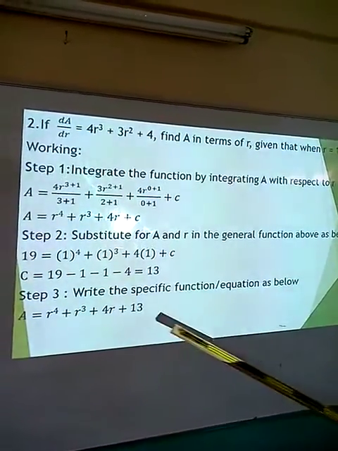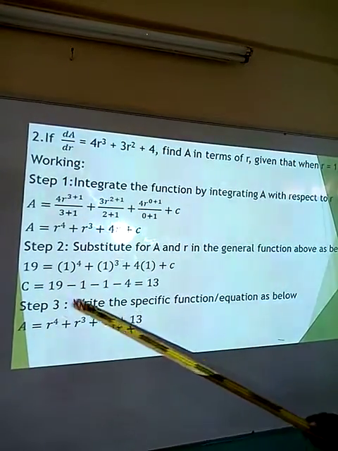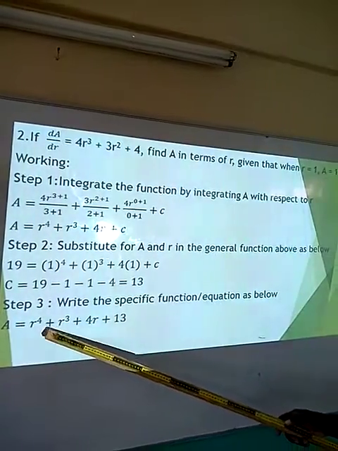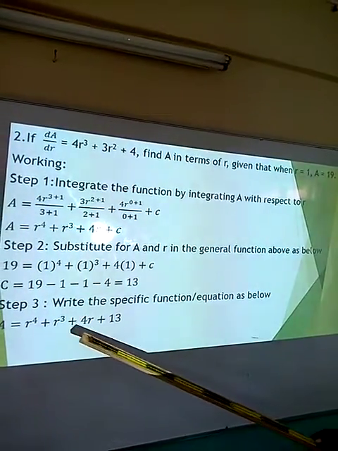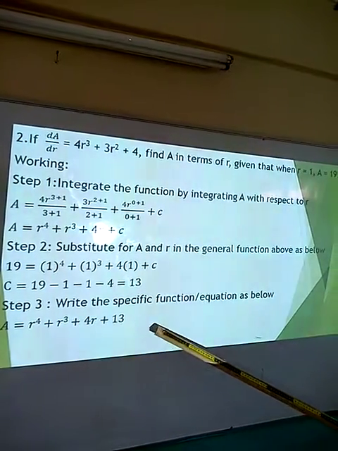That can now give us the specific function A is equal to r to the power 4 plus r to the power 3 plus 4r plus 13.